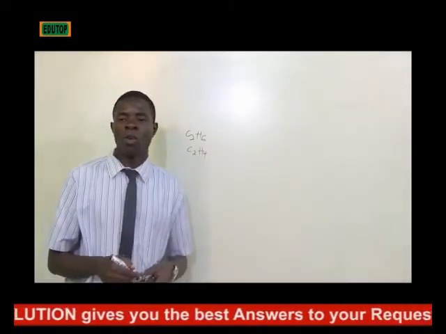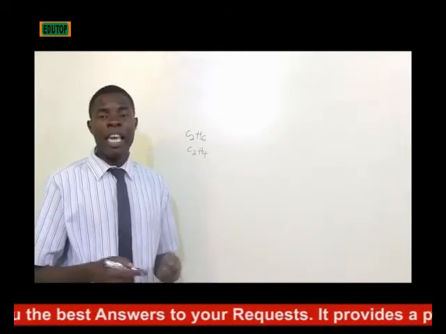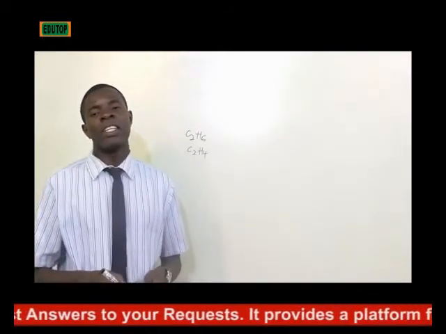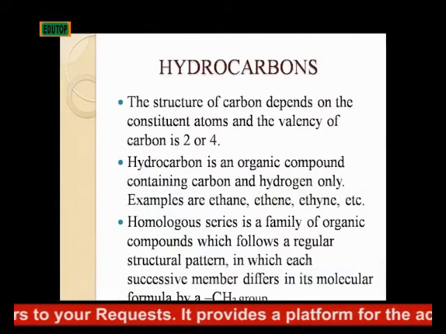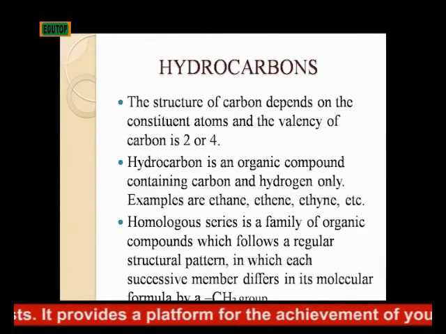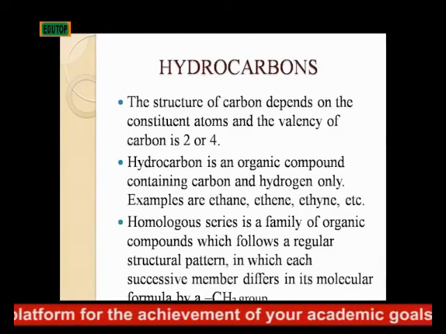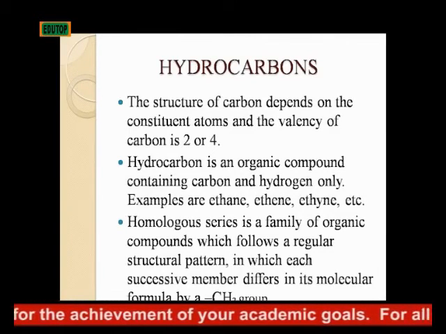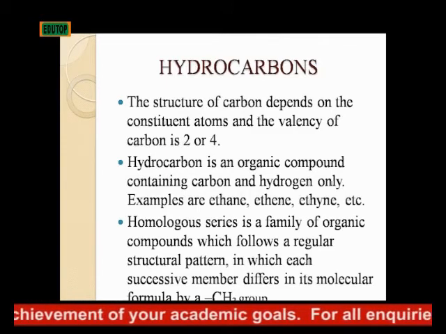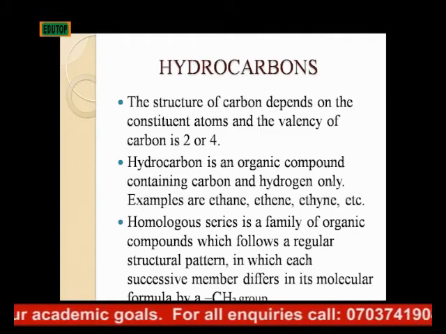Homologous series. What is a homologous series? A homologous series is a family of organic compounds which follows a regular structural pattern in which each successive member differs in its molecular formula by a CH2 group.